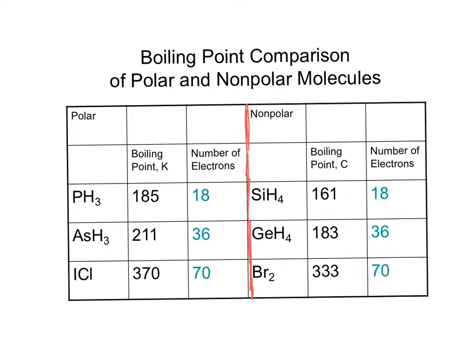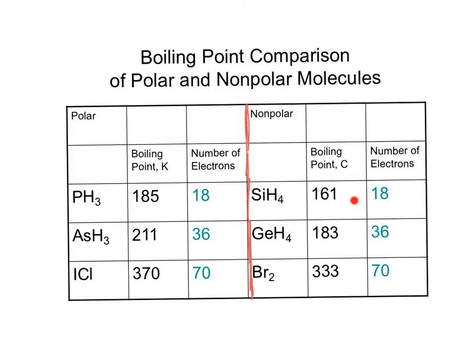Now over here, you have molecules that are polar. In the periodic table, you have nitrogen, phosphorus, and arsenic. They all have similar geometries. And this molecule, phosphine, has the same number of electrons as silane, but one's polar and one's not. So look at the difference in the boiling points here, 161 and 185.